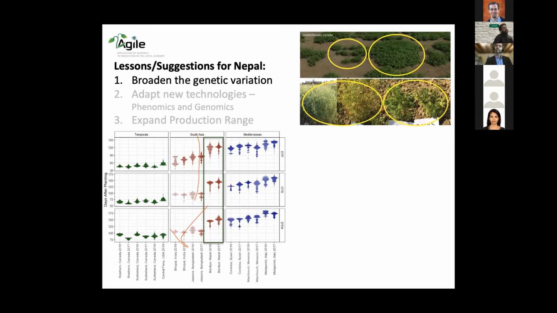But again, this comes with some troubles. Here in Canada, when we grow South Asian genotypes, they perform really poorly compared to the Canadian genotypes. But in contrast, in Nepal the South Asian genotypes flower so well and are even ready to harvest, while the Canadian genotypes are still thinking about whether to grow or not.